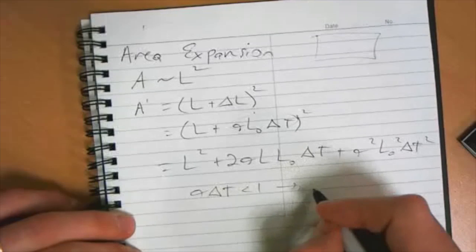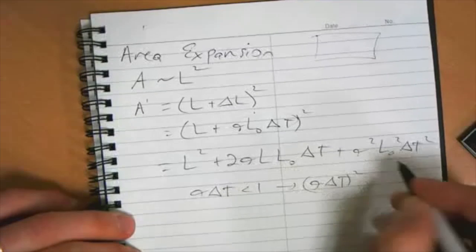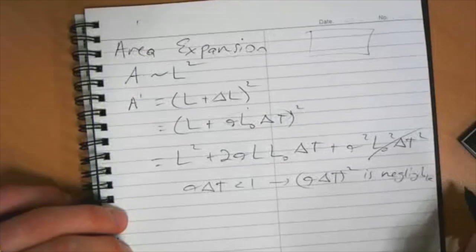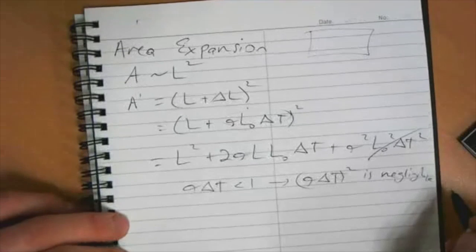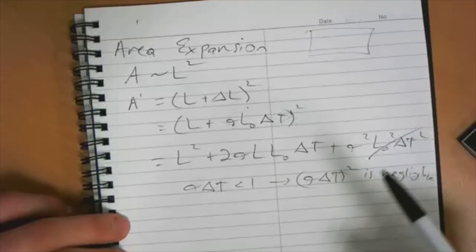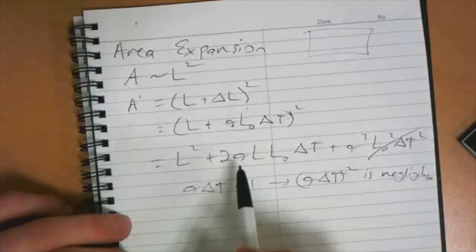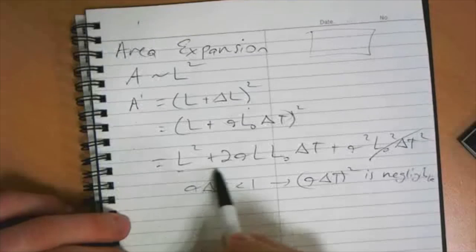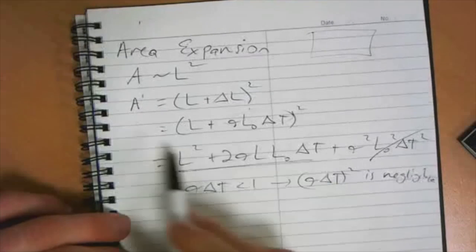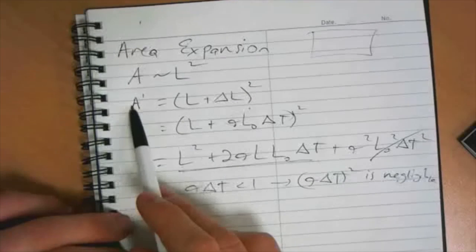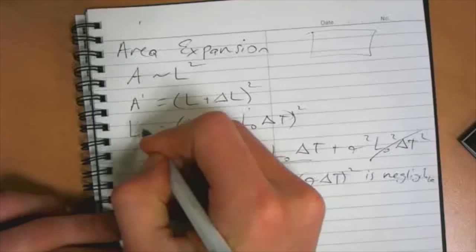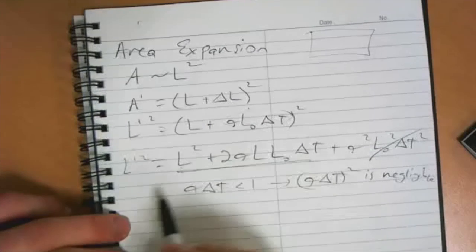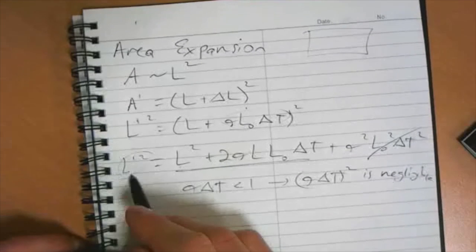Therefore, the alpha delta T squared we can say is negligible and just ignore that last term, which gives us that our new area is proportional to this. Our new area is going to be our new length squared.